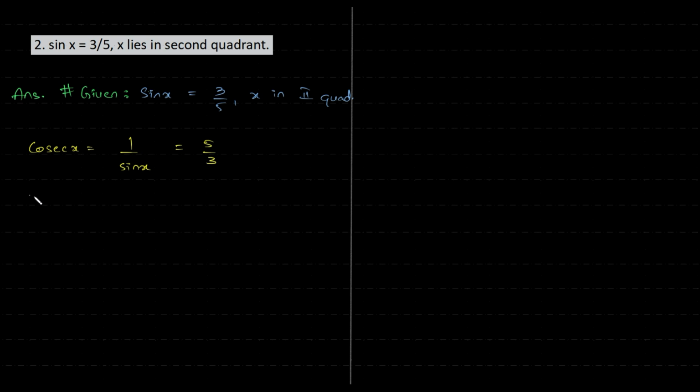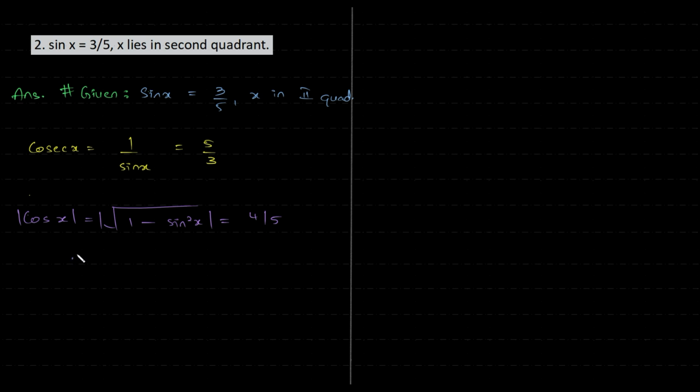Then I make use of a formula to figure out cos of x, which is the square root of 1 minus sine square x. I'm trying to figure this out in terms of magnitude. I know this because they are Pythagorean triplets, so when we calculate this, I get 4 by 5.